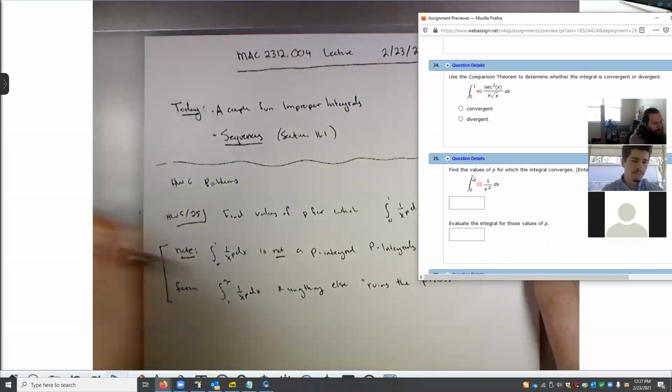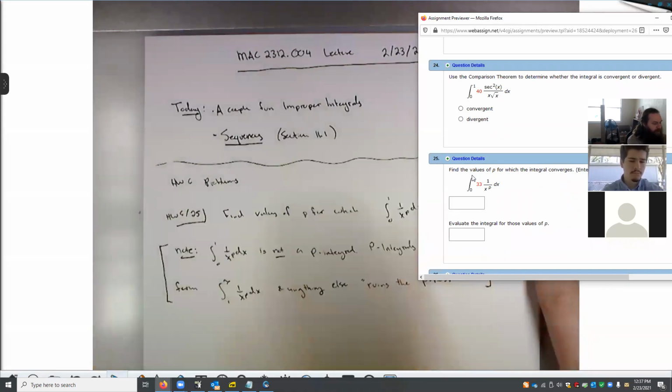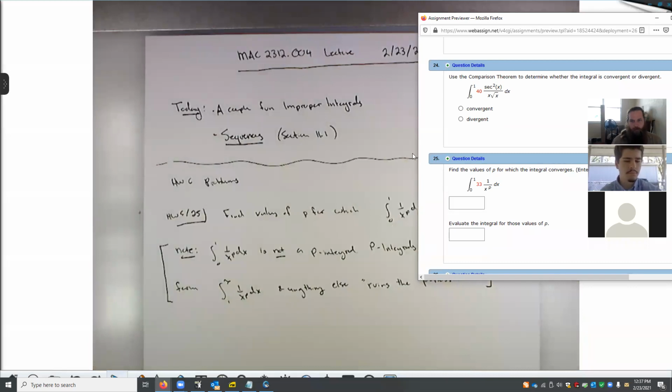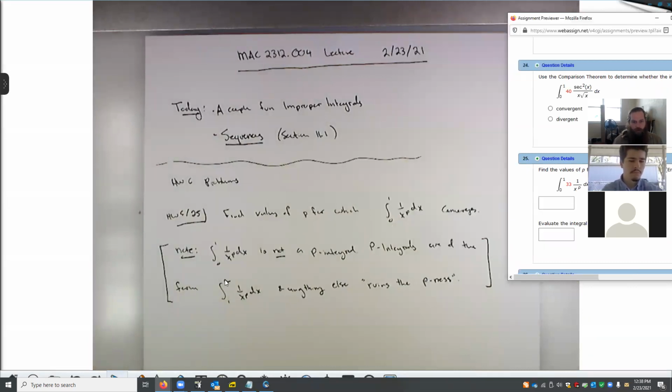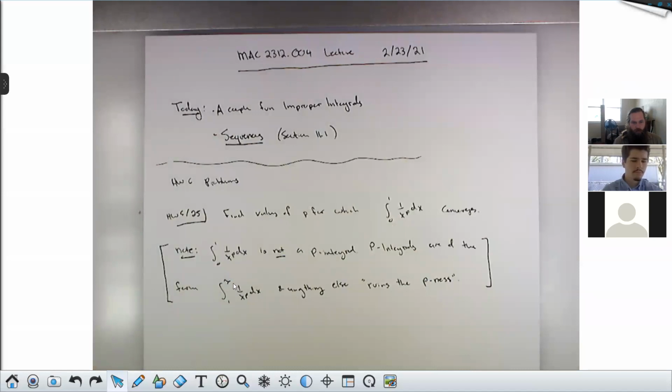I know that that's a really bad joke. I feel guilty every time I make it, but it seems to help. So anything other than a 1 here, an infinity here, a 1 over x to the p here, or a dx here ruins the p-ness of the p integral.